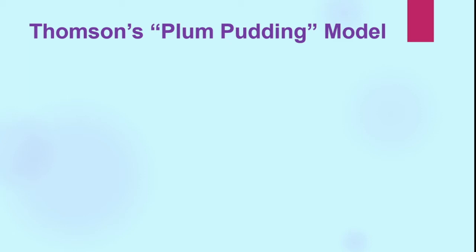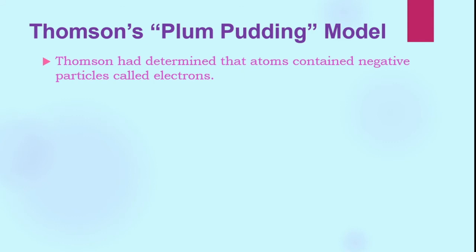It was found that the electron is a negatively charged particle. That is, Thomson determined that atoms contain negative particles called electrons.